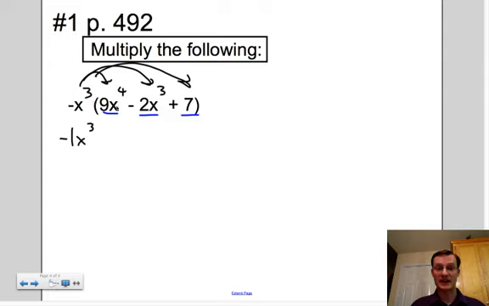So negative 1x to the third times 9x to the fourth. And then I'm going to keep change here. You don't have to do this, but it's helpful sometimes. Pull down the plus. Negative 1x to the third times negative 2x to the third.